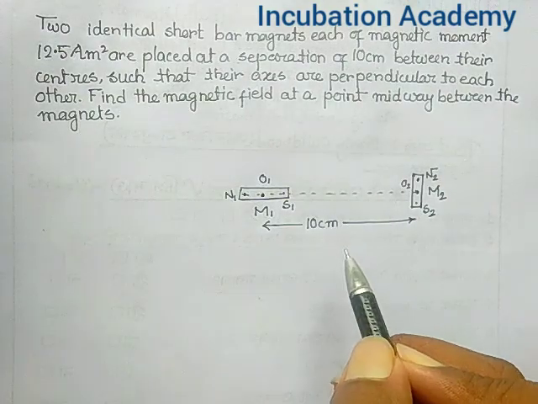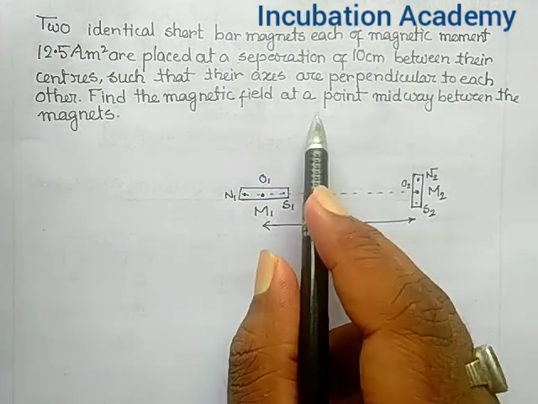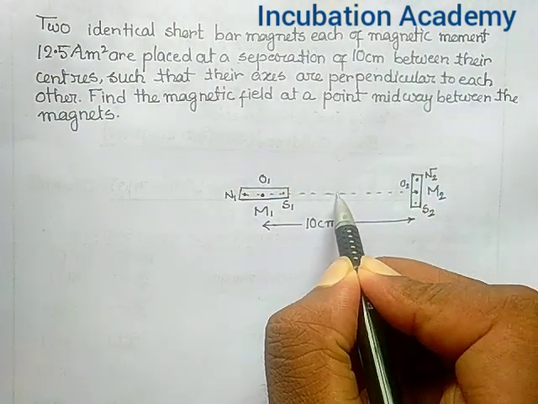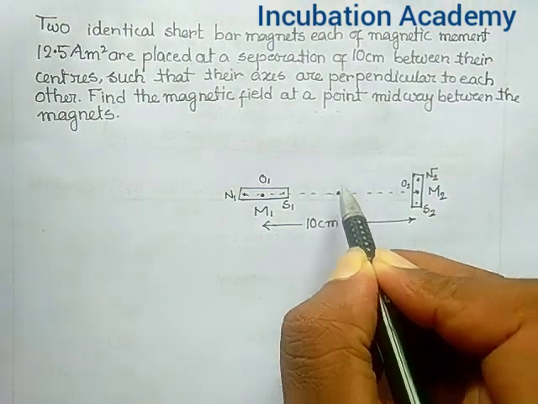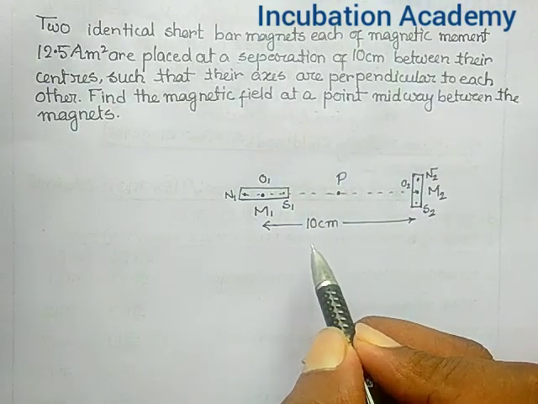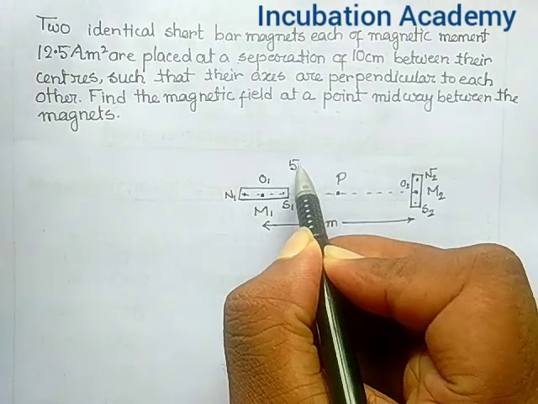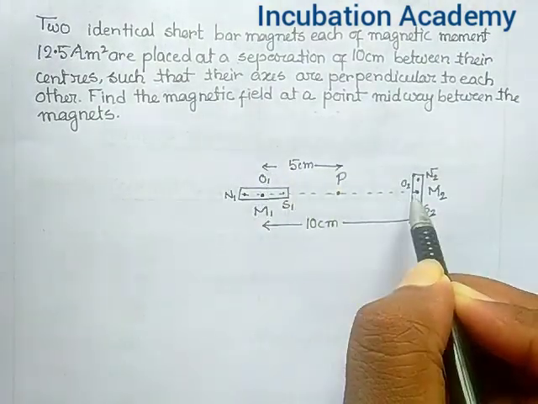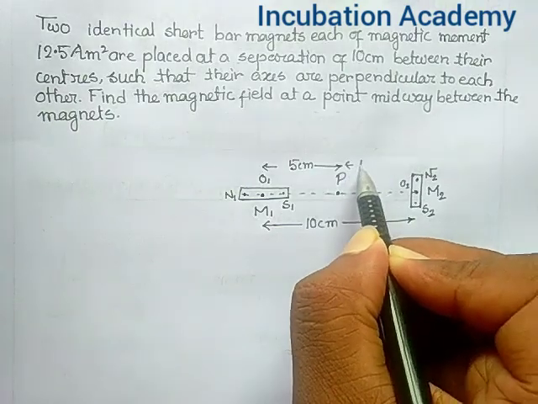We have to find out the magnetic field at a point midway between the two magnets. Let us consider this is the point P where we have to find this. So O1P is 5 centimeter and O2P is also 5 centimeter.